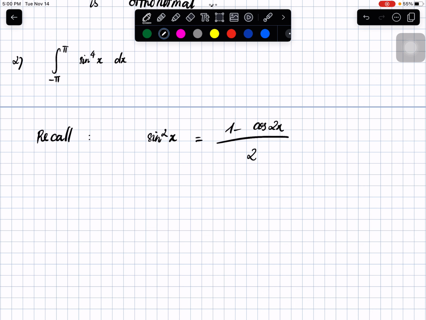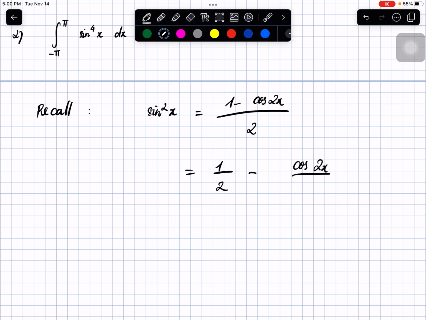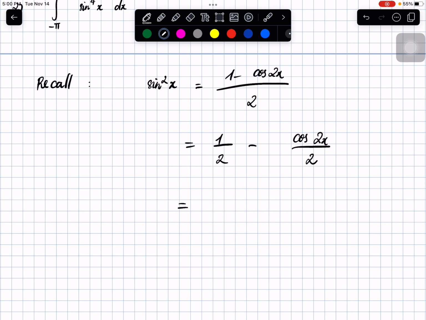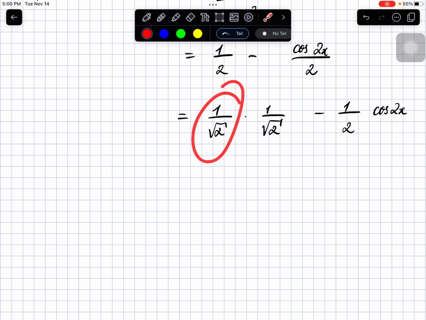So it just means that's 1 over 2 minus cosine 2x over 2. We want to write it as a linear combination of the orthonormal basis we have. So 1 over root 2 times 1 over root 2, minus 1 over 2 cosine of 2x. Here are two vectors in the orthonormal set, and here are the coefficients, which are scalars in our case.